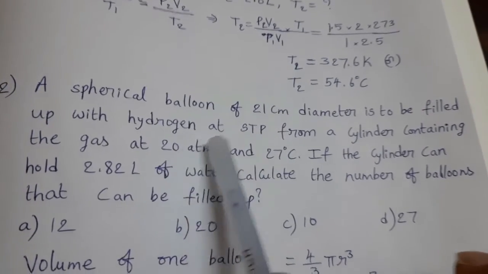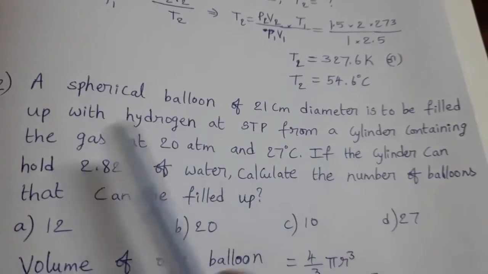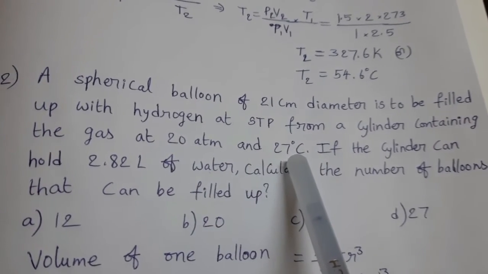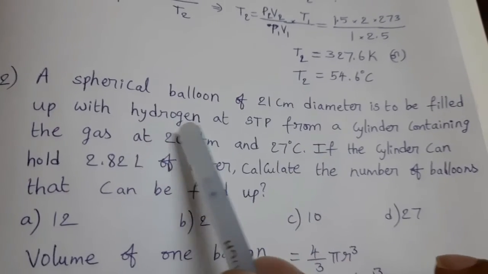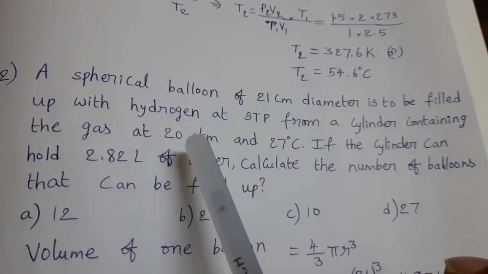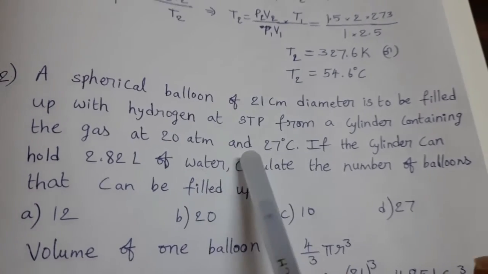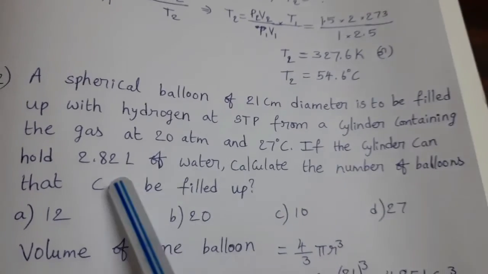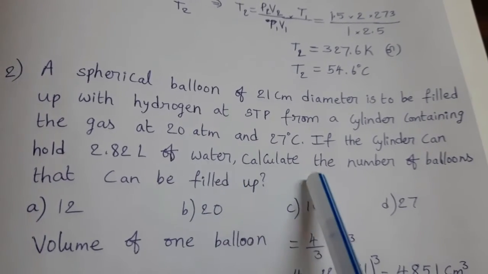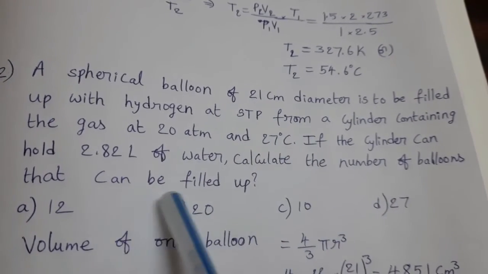This hydrogen gas is present from a cylinder containing the gas at 20 atmosphere and 27 degrees Celsius. Inside the cylinder, pressure, temperature conditions. If the cylinder can hold 2.82 liters of water, calculate the number of balloons that can be filled up.